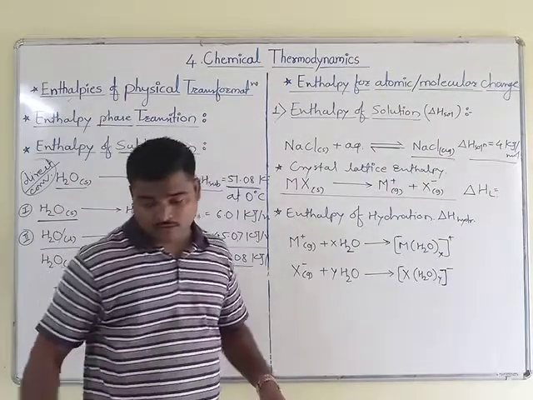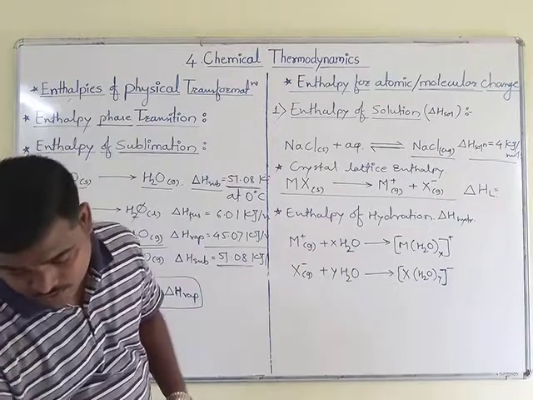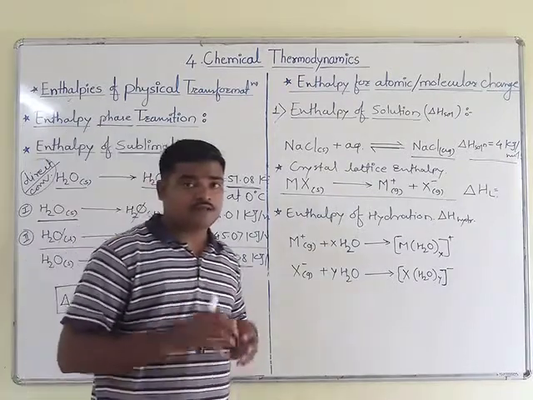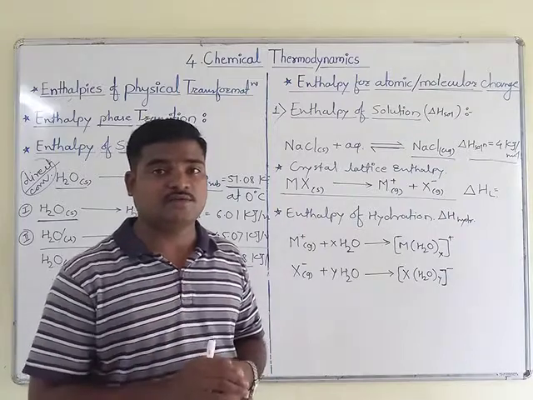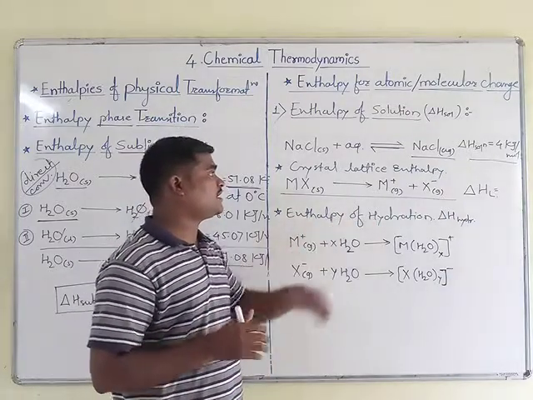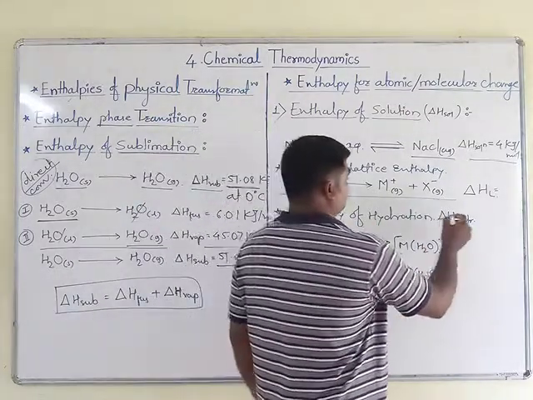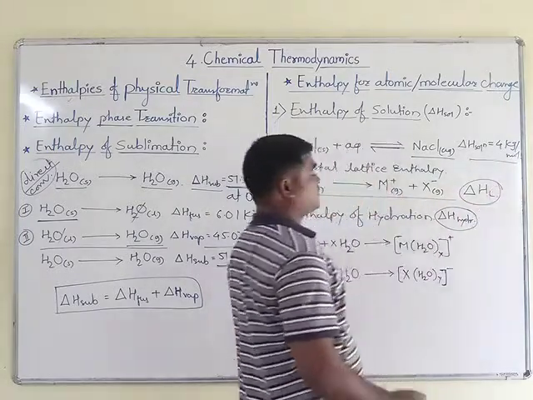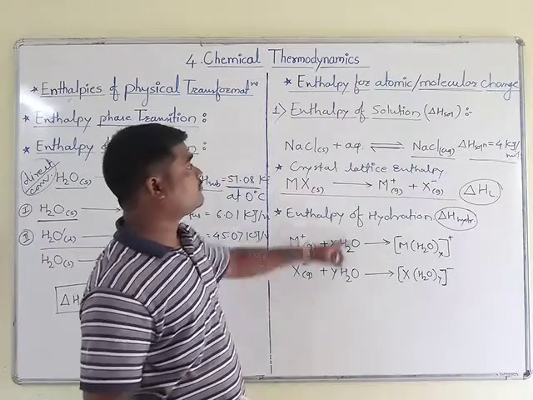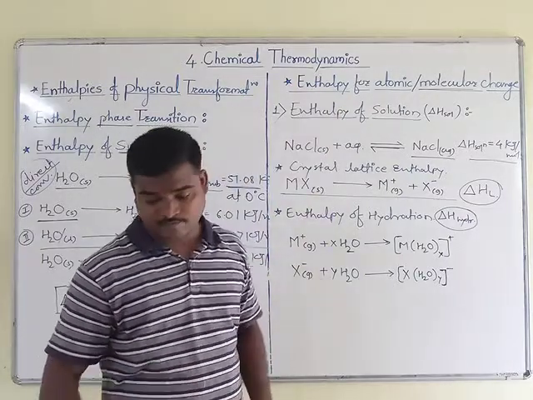The enthalpy of hydration helps us calculate the enthalpy of solution, and the enthalpy of solution is the summation of crystal lattice enthalpy plus enthalpy of hydration. These two enthalpies are very important for the calculation of enthalpy of solution.